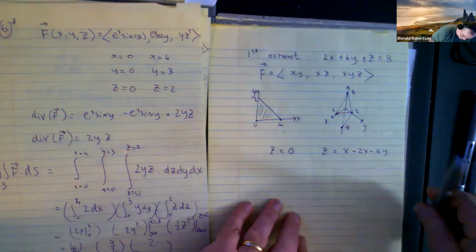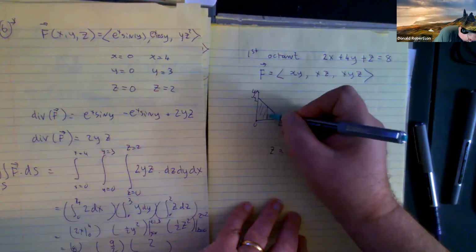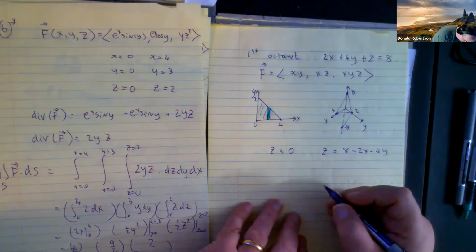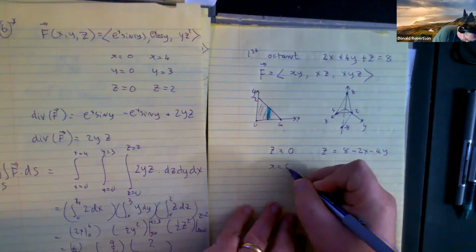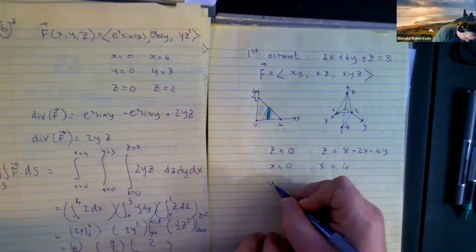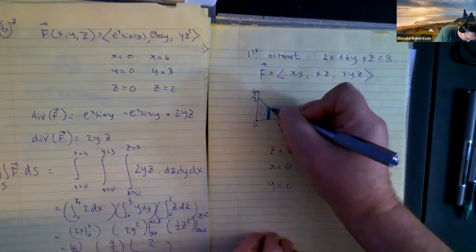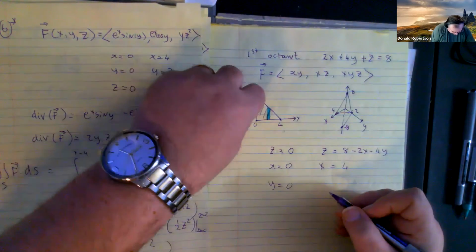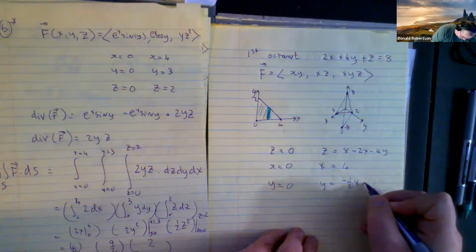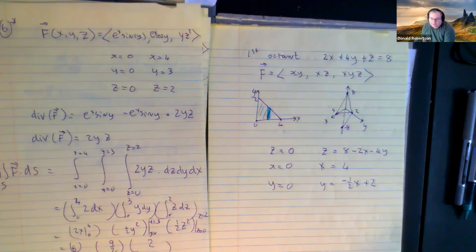So we're basically going to do our classic triangle. In this case, the triangle is going to go from 0 to 4 because it's in the first octant. And the y is going to go from 0 to wherever there is. And that is -1/2 x plus 2. That's very similar to the last tetrahedron one, right? Just given to you in a slightly different way.